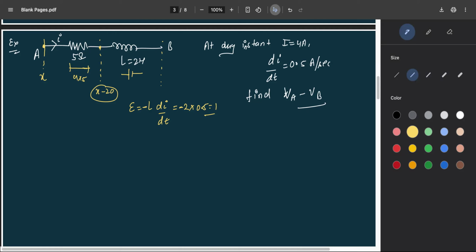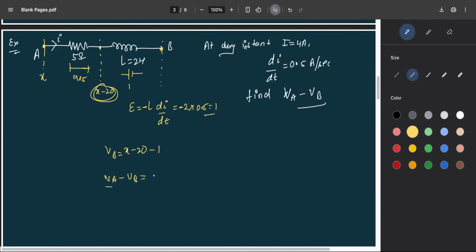Is that clear? So what is the potential here? Here the potential is X minus 20, and if you subtract this 1 because this is in the opposite direction, minus 1. Can I say you have reached VB? Yes. Okay. So what is VA minus VB?